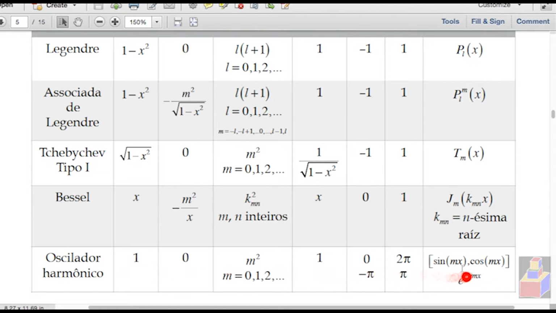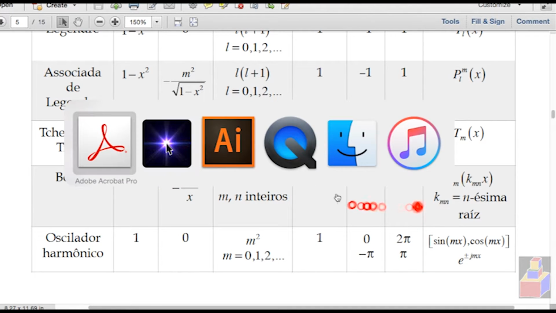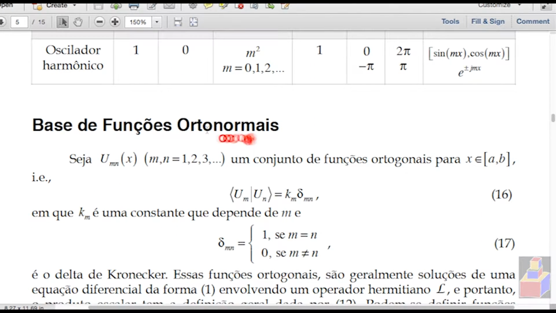The harmonic oscillator equation governs the solution for Fourier components of a function. You can see it that way. So we can form a basis of orthogonal or orthonormal functions. The functions generated as solutions of those Hermitian operator equations are not normalized.